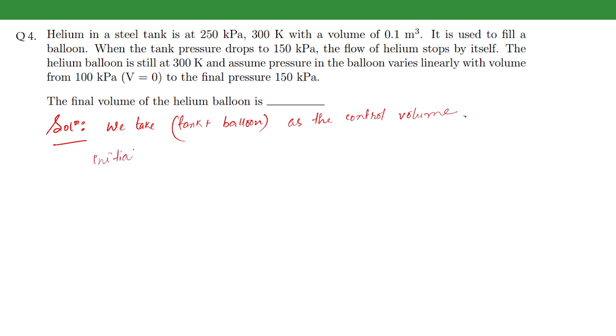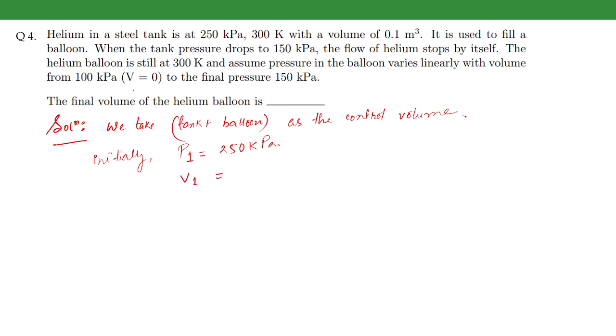Initially, the pressure is 250 kilopascal. Initially, it is P1.